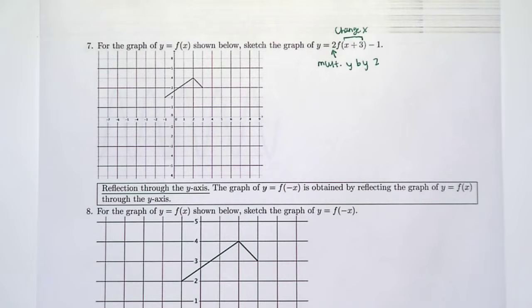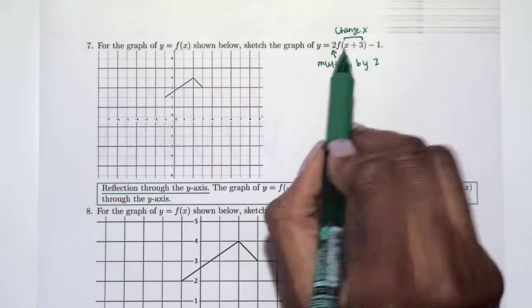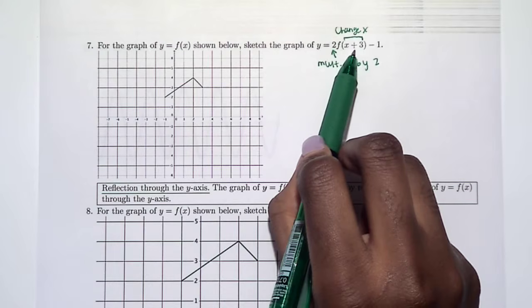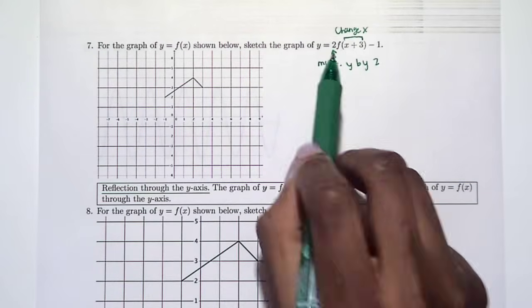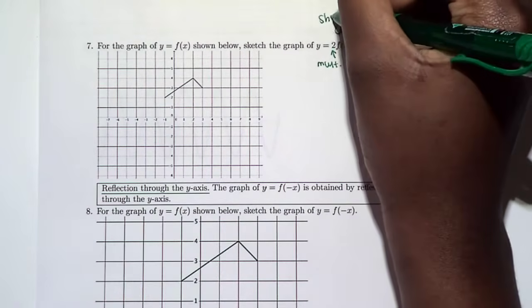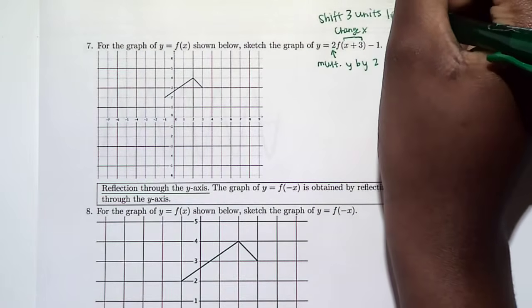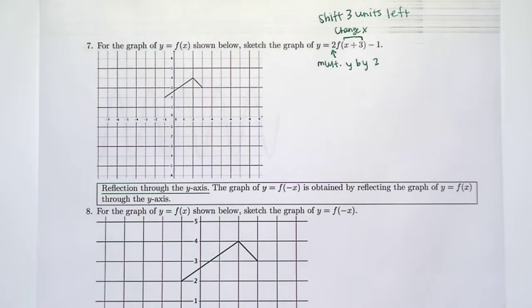Are we going 3 to the right, 3 to the left? Note we're changing x, so it's going to be the opposite of what occurs. We're going to subtract 3, so we're moving to the left 3. So we're going to shift 3 units left. That's what's happening here with that x plus 3.